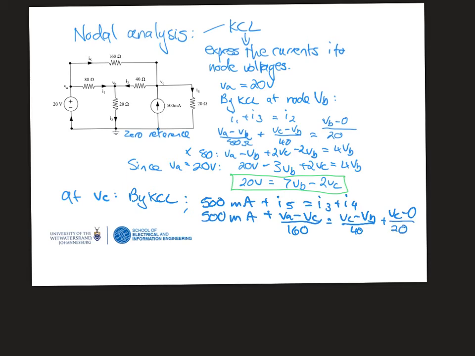And so we're going to multiply by 160, and that gives us 80 plus VA minus VC is equal to 4VC minus 4VB plus 8VC.